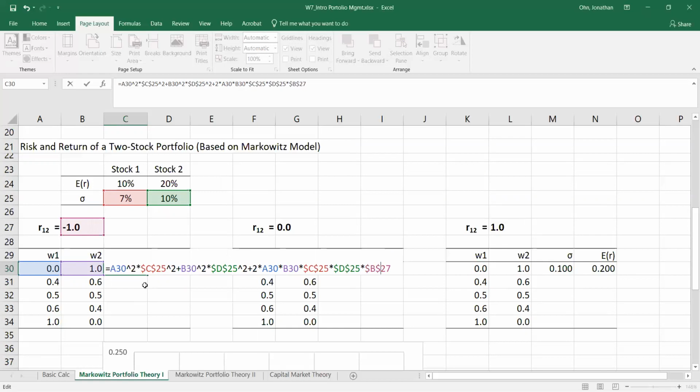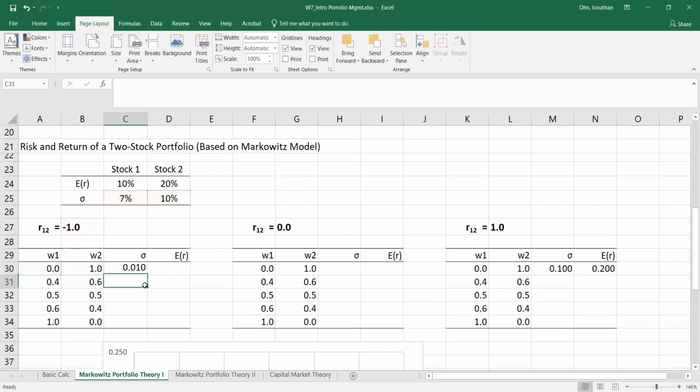You know what I did, right? Put the $ sign inside there. Then you want to fix that cell wherever you go.